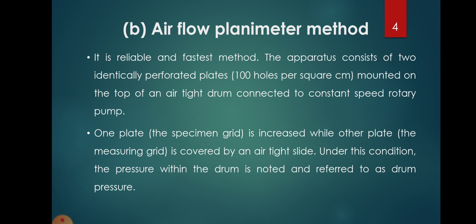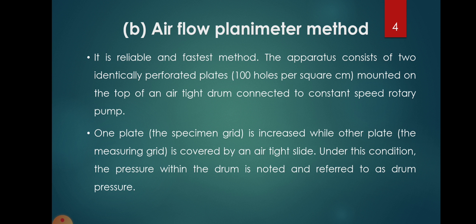The airflow planimeter method is a reliable and the fastest method. The apparatus consists of two identically perforated plates, each plate having 100 holes per square centimeter, and these plates are mounted on the top of an airtight drum connected to a constant speed rotary pump.